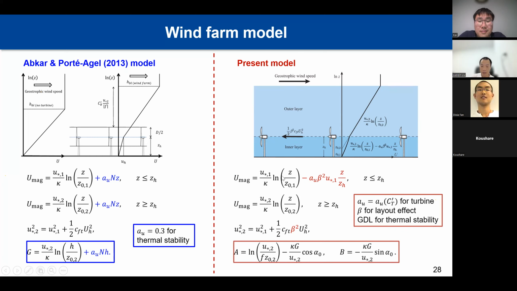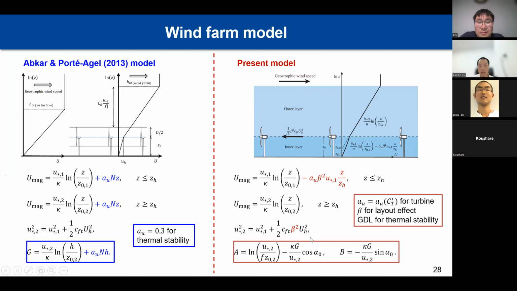So we propose these two equations here, and we also introduce the factor beta. It is called the flow inhomogeneity factor to account for the layout effect. And the thermal stability effect is accounted for by using the geostrophic drag law.